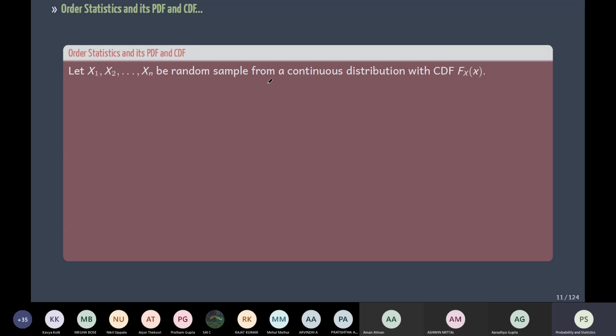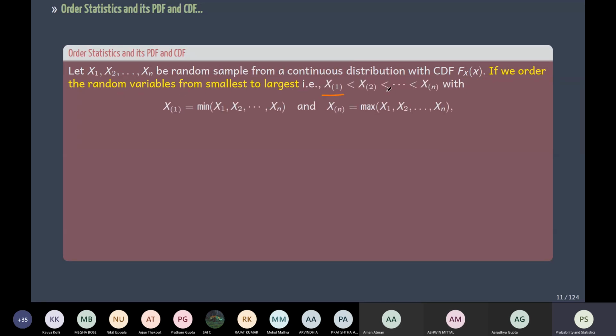So let x1 to xn be a random sample from, let us say, some continuous distribution with CDF Fx(x). If we order the random variables from smallest to largest, then obviously x(1), by the ordering itself, is the minimum of these random variables, and x(n) is the max of these random variables. And here the x(i) is called the order statistic.